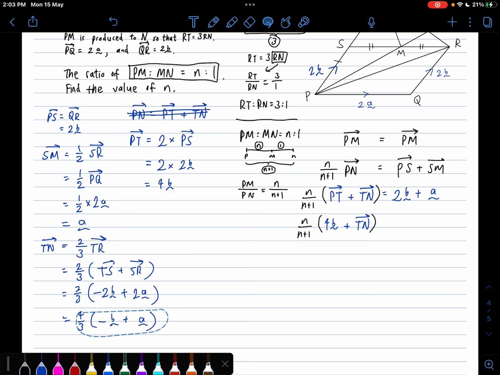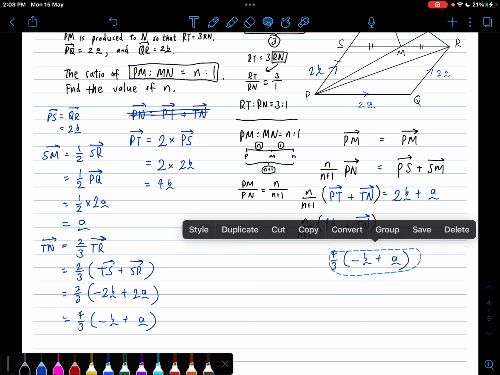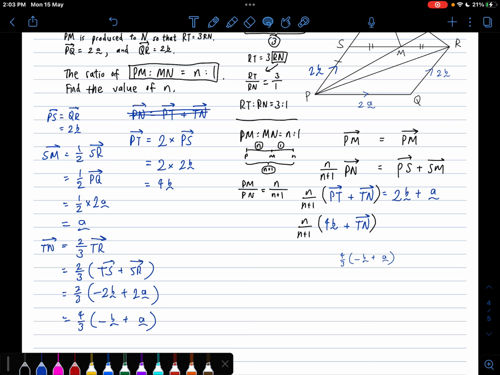I can now substitute it back into this final expression. Let me just shrink it down to save some space, and don't forget the plus 4b and the brackets. Equals 2b plus a.